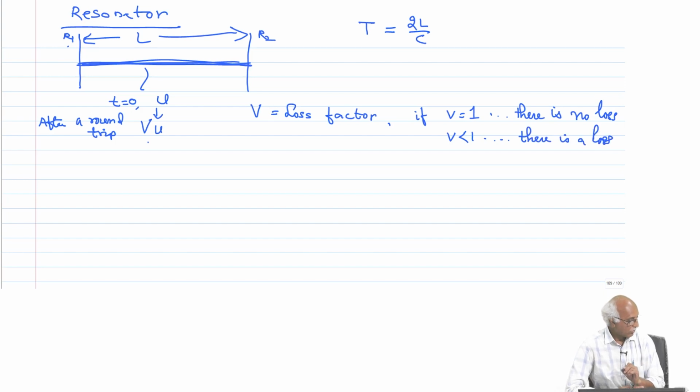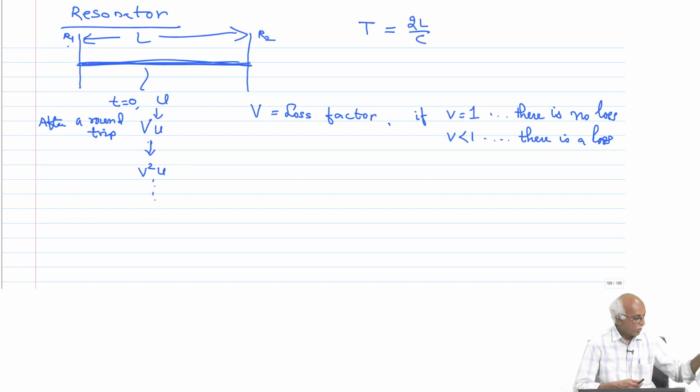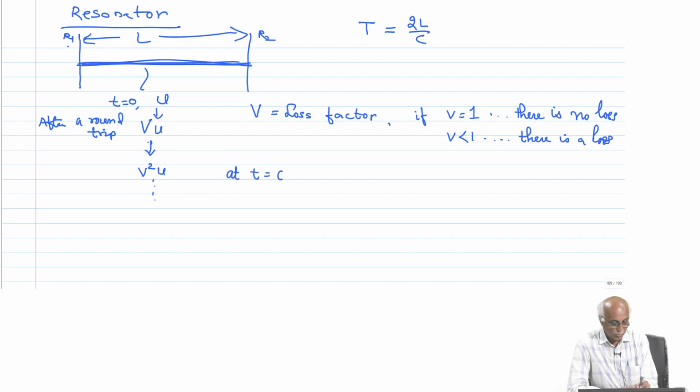After the second round trip, it will become V squared U, and it will keep changing accordingly. Now what I am trying to build: let us say at t equal to 0 the intensity is I0.